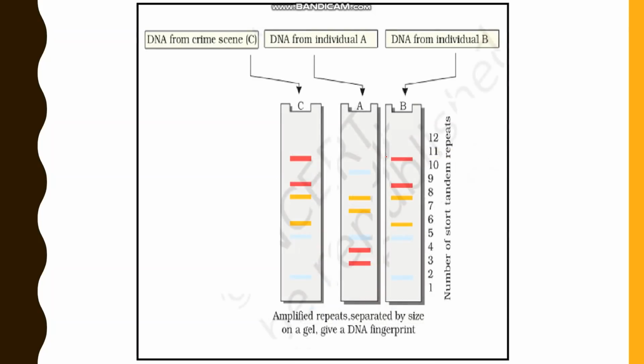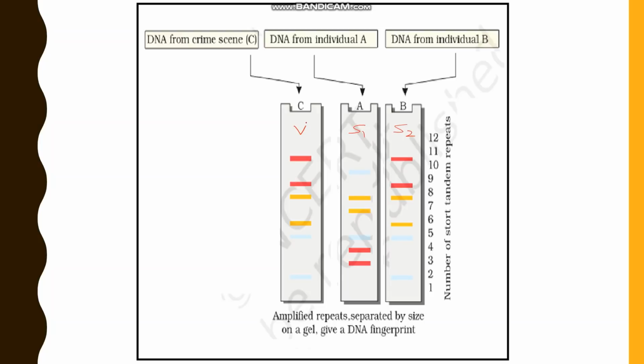So just see here. This is the DNA fingerprint of the victim sample. This is suspect 1 or individual A, and this is the DNA fingerprint of suspect 2 or individual B. Just find the similarity between the victim sample and the suspect samples. If similarities are found, such an individual will be considered the criminal in a criminal case.